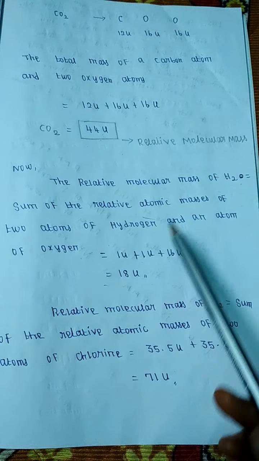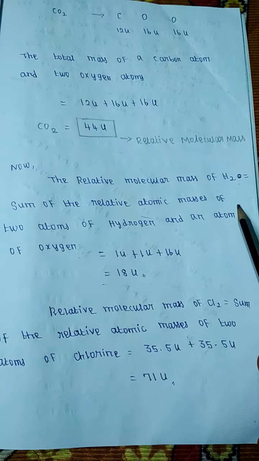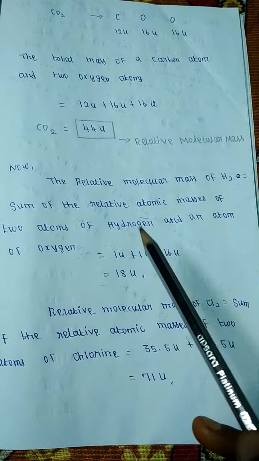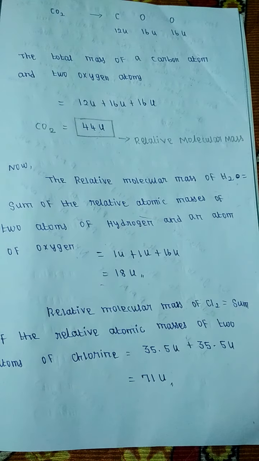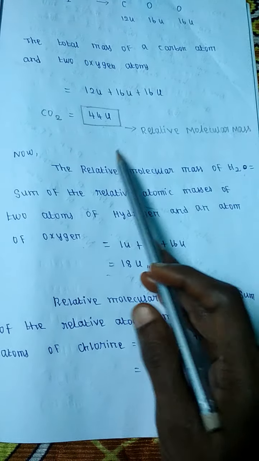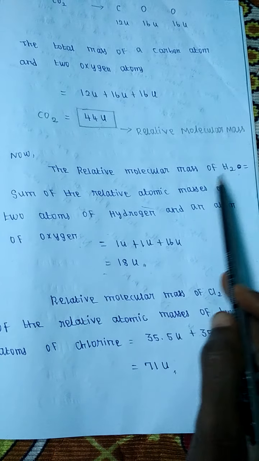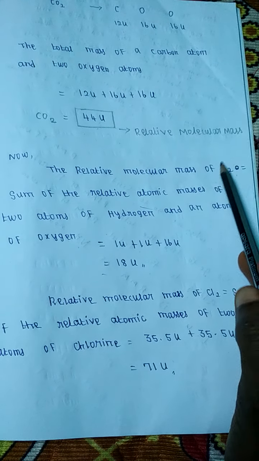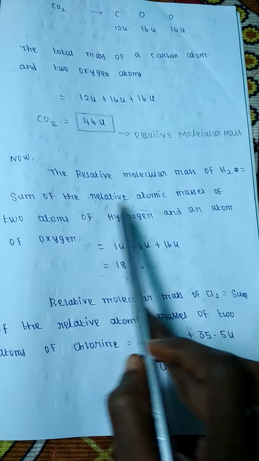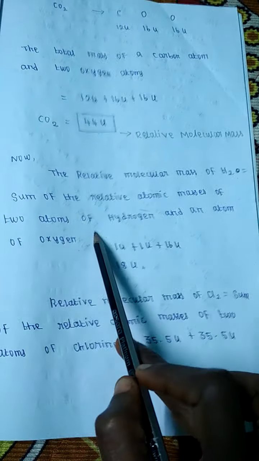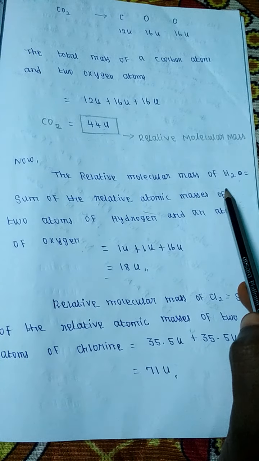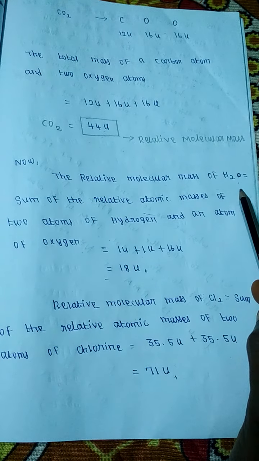Now let us find the relative molecular masses of other different molecules. In the same way we find the relative molecular mass of H2O. H2O means water, which is equal to the sum of the relative atomic masses of 2 atoms of hydrogen and 1 atom of oxygen.